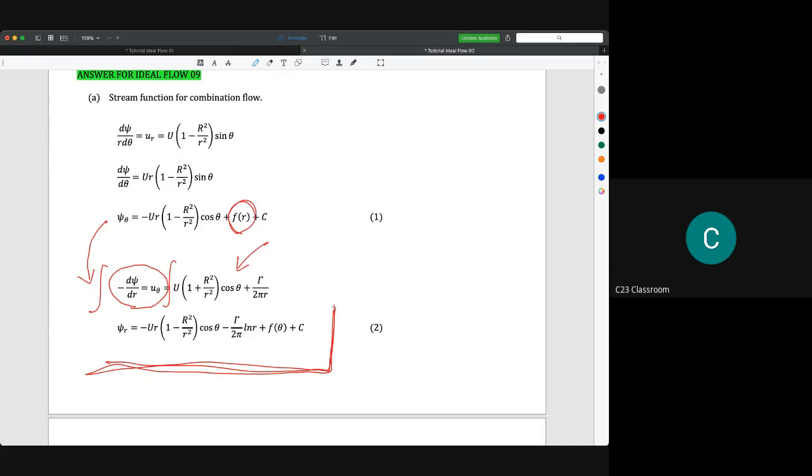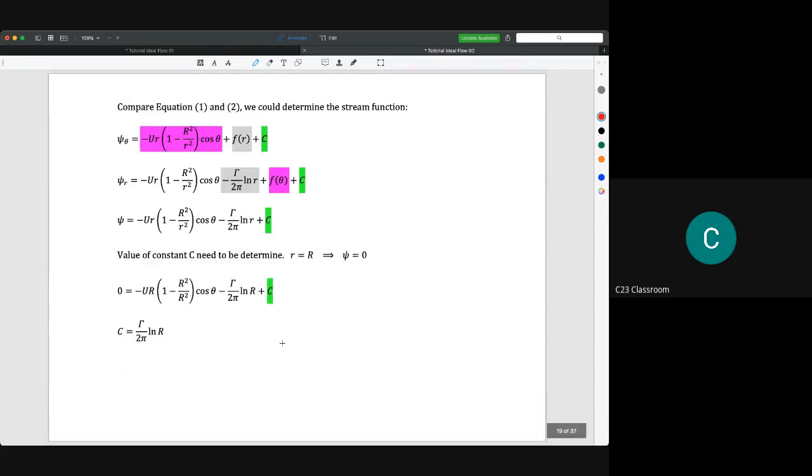For example, here we have a constant C, and also a constant that came from f(theta). You could see the relation here. Here we do the integration in terms of d theta, then we will have the constant f(r). Here we do the integration in terms of dr, then we get the constant in terms of theta.